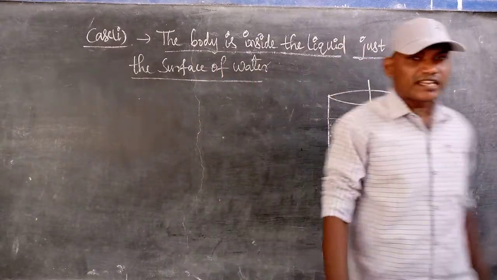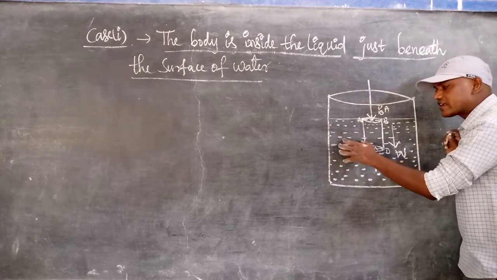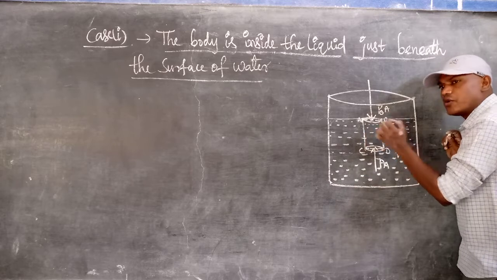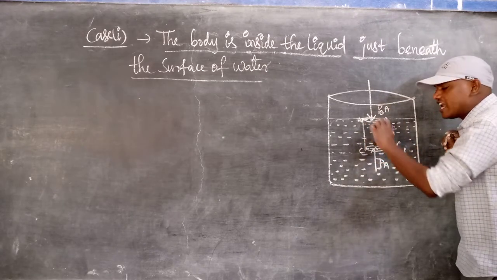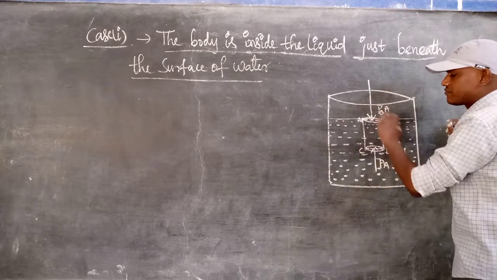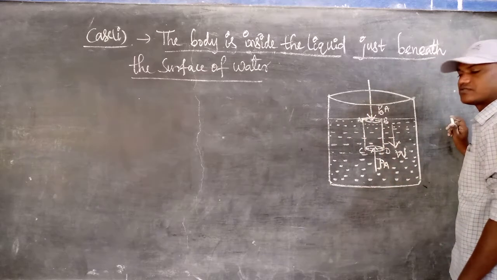In the trough we have taken water. So now just imagine one cylindrical shape of liquid column of water just beneath the surface. Beneath is nothing but just below that, nearest to that.